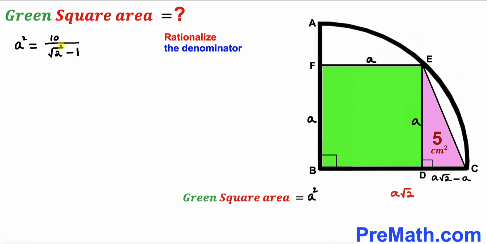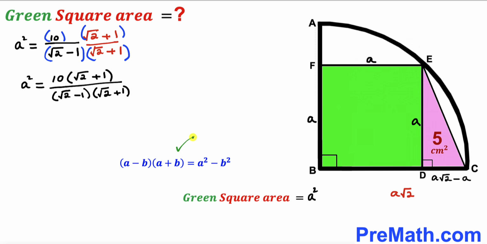And now we are going to rationalize this denominator by multiplying by its conjugate, the square root of 2 plus 1, and at the same time I'm going to divide by the square root of 2 plus 1 as well. And now I'm going to multiply out these numerators, and at the very same time I'm going to multiply out these denominators as well. And now let's recall this famous identity: a minus b times a plus b is going to give us a square minus b square.